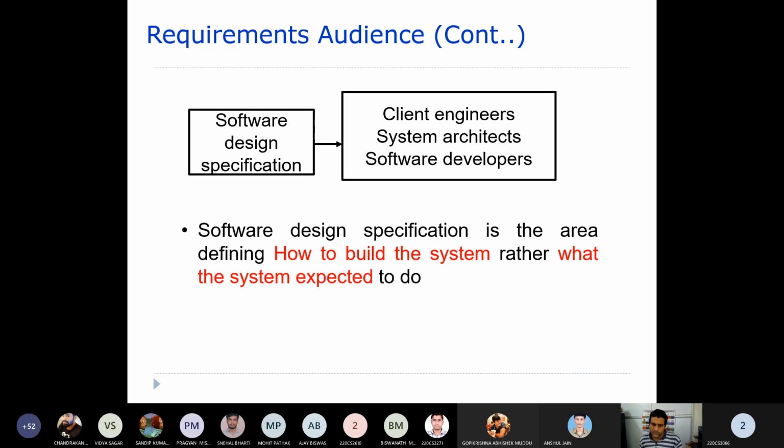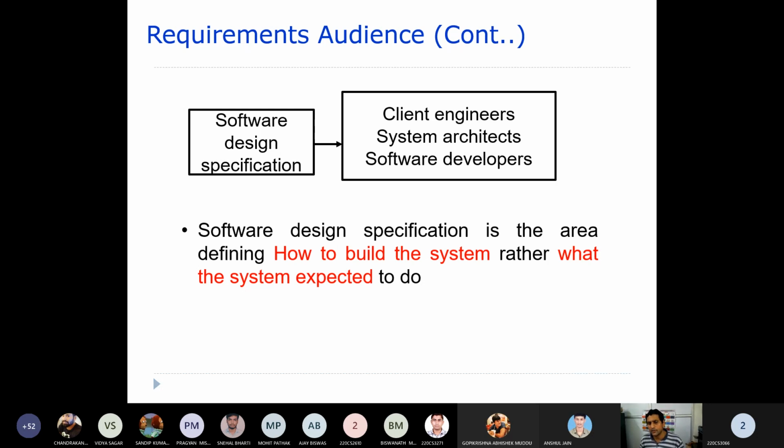The software design specification is about defining how to build the system, rather than what the system is expected to do.